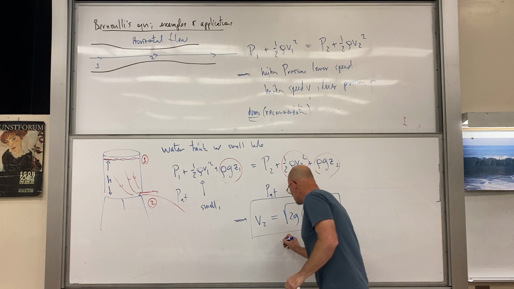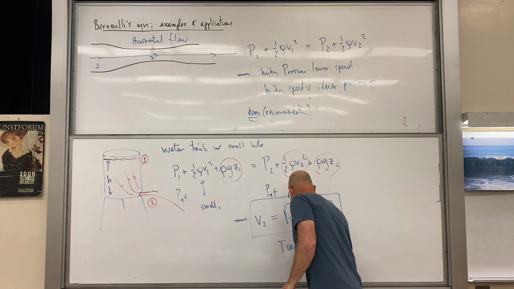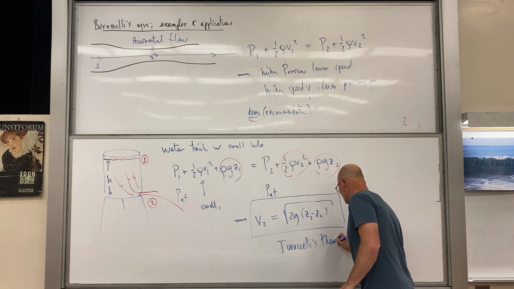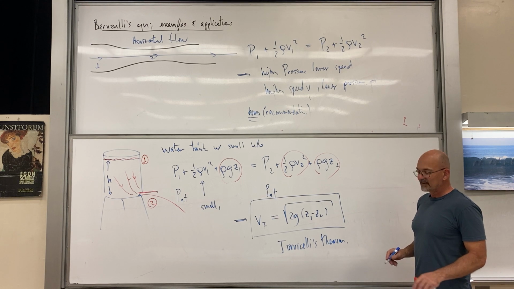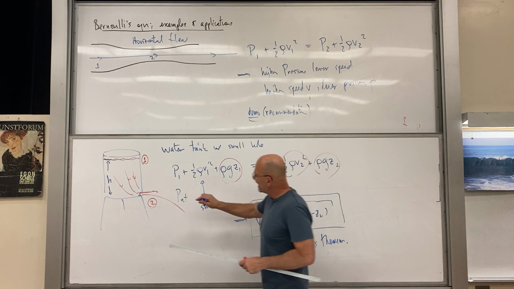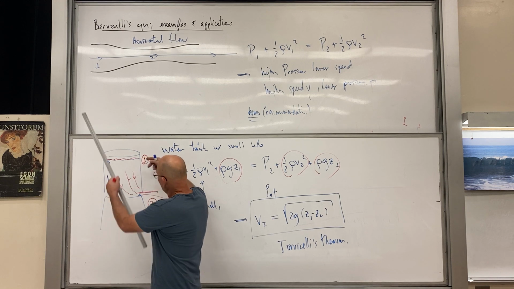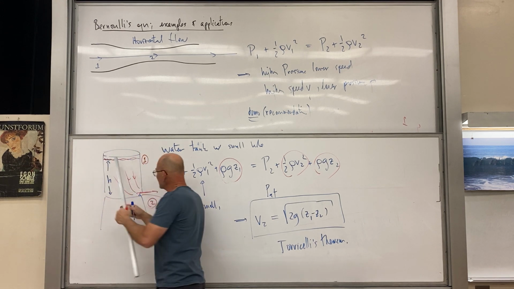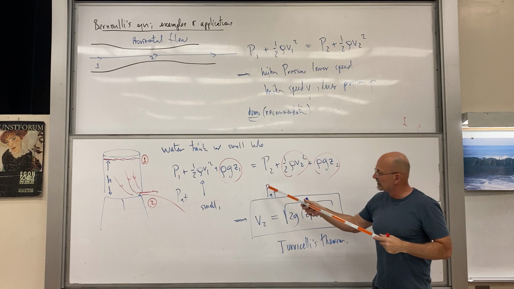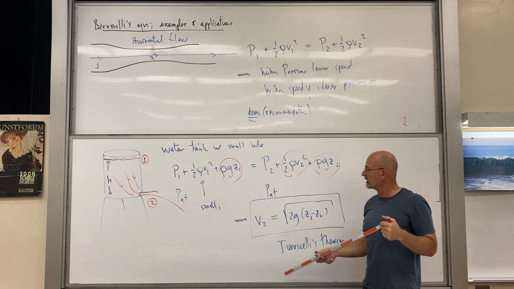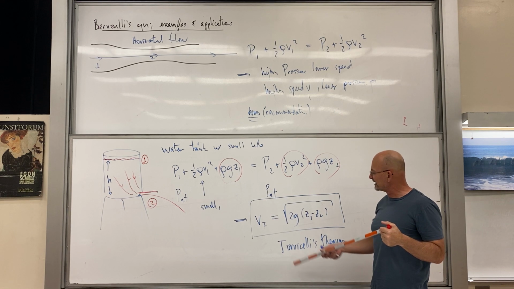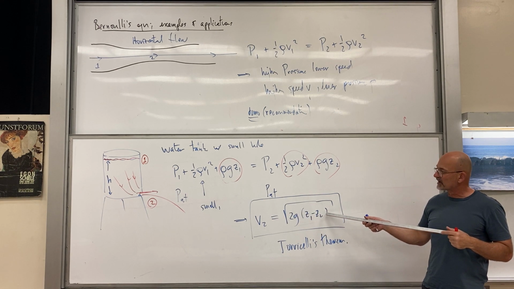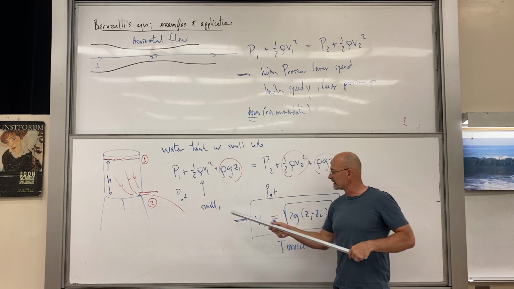It's called Torricelli's theorem. And if you want, of course, you can have a finite size hole and another finite size level up there, and then you would use your continuity equation and get a more exact value, but as long as the hole is small, this is fine.